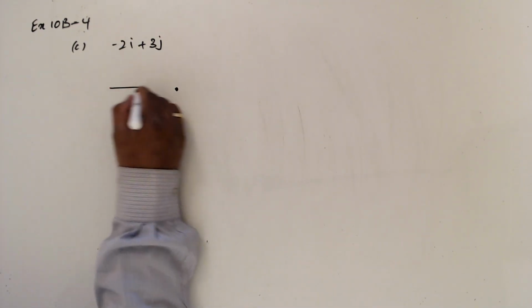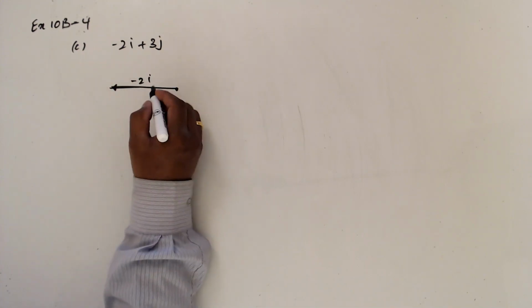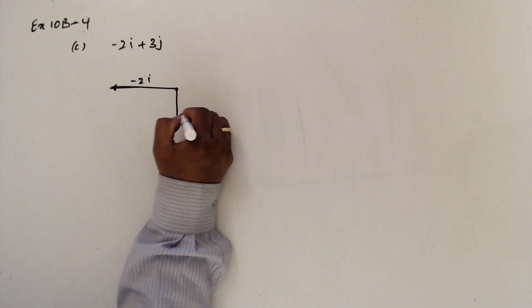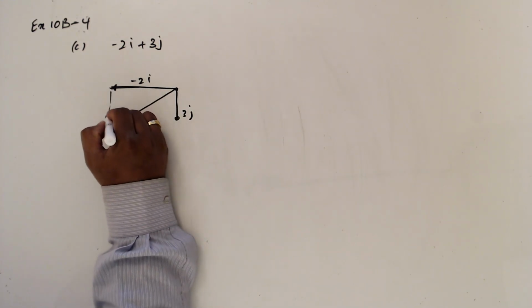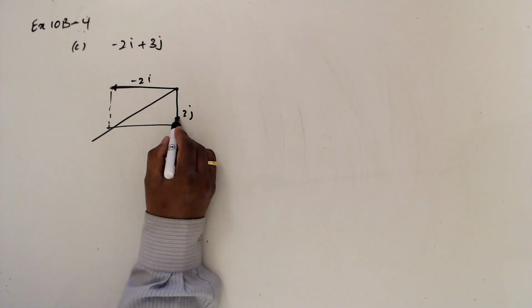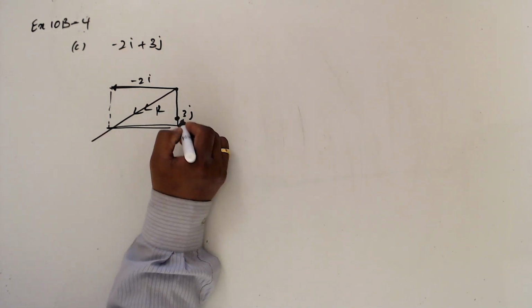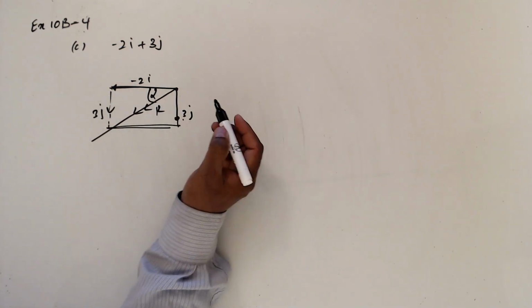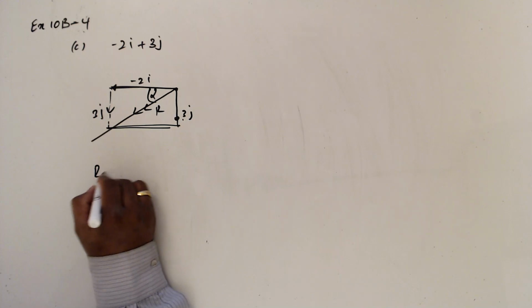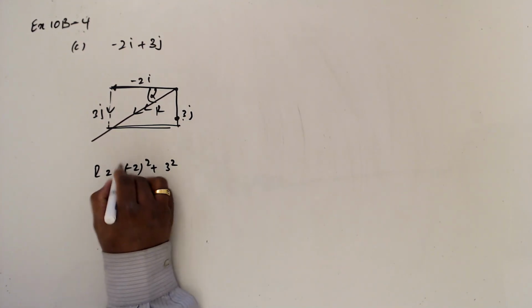This is the particle. So this is minus 2i, and this is 3j. So the particle is moving in this direction. If this is 3j, this is 3j. Let's consider this is alpha. And R equals the square root of minus 2 squared plus 3 squared.